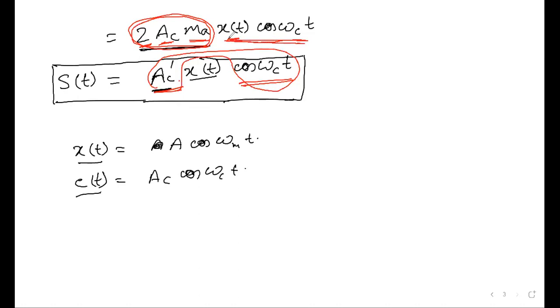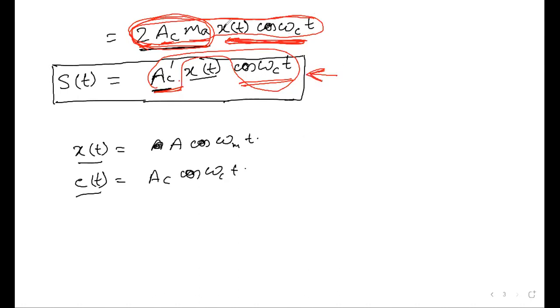What we are interested in is which frequency components are present in the spectrum analysis. When we do the spectrum analysis of this total signal, we are interested in the spectral components present over this signal.